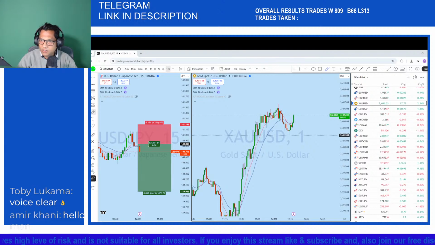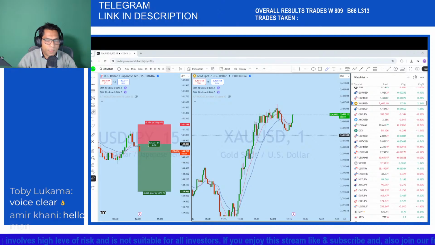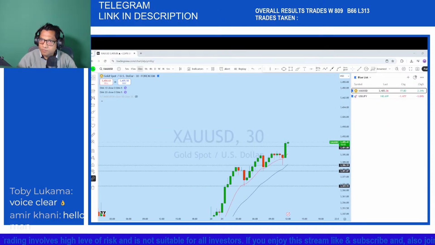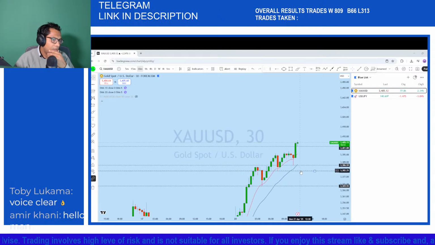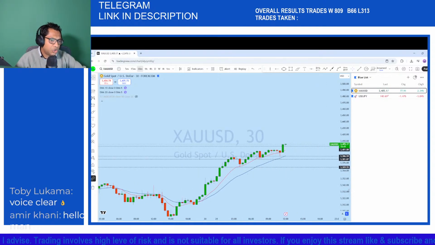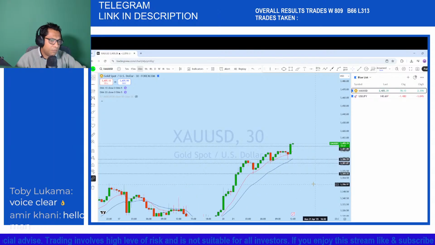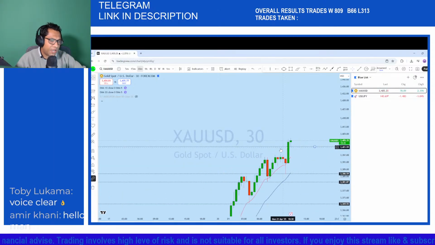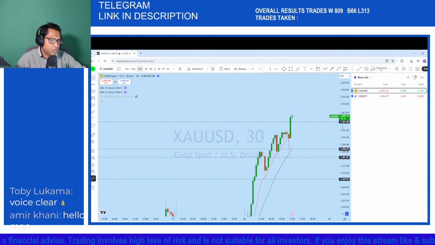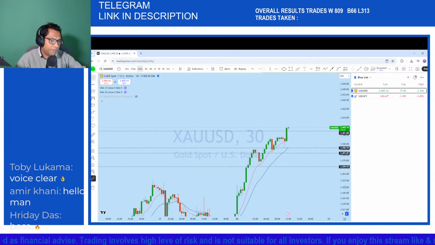Okay, so let's look for a possible setup in this market. Here's the lower time frame price action showing that bullish movement, expecting this price to possibly remain in the major direction.